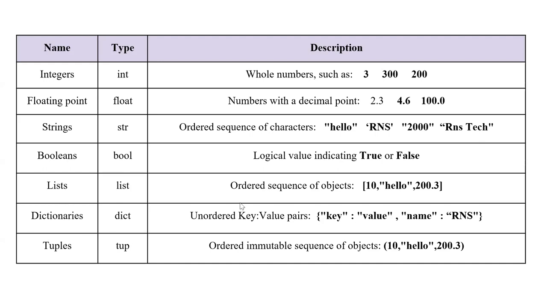Yes, the difference between the list and tuple: a list is a mutable, ordered collection of objects which we can store, but a tuple is an immutable, also ordered, sequence of objects. And next, which we have is a set.